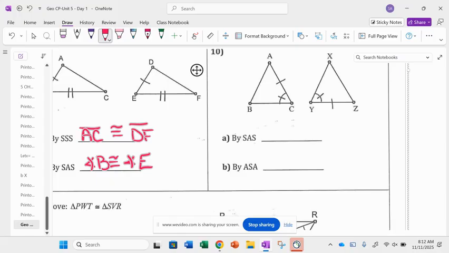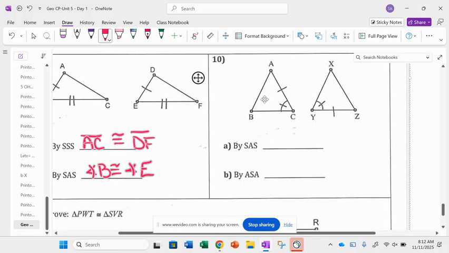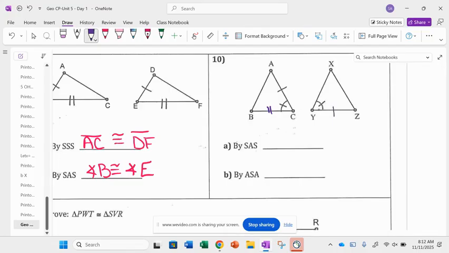Now in the other triangle, Sebastian, what's the other segment we need to make angle Y? So they have YZ. So YZ and which other side come to make that angle? You know, an angle is made up of two sides.